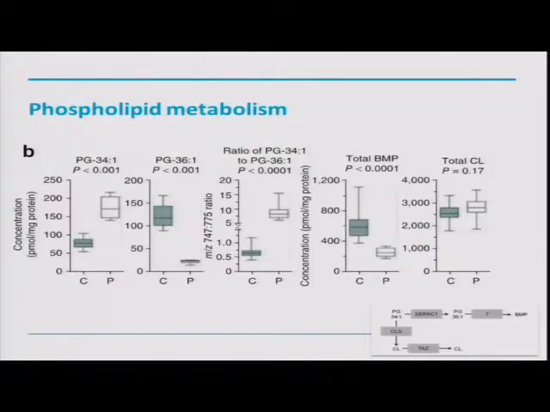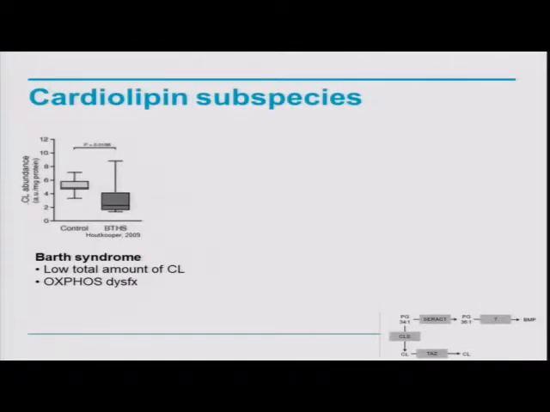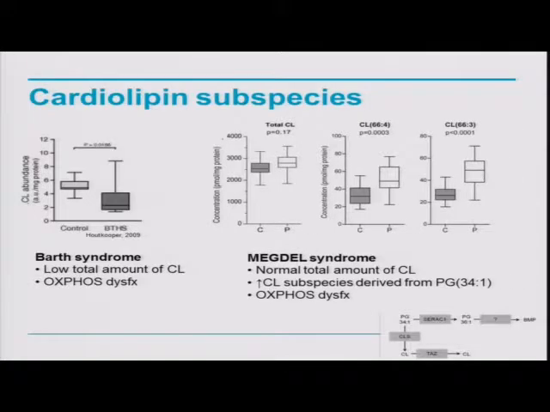So we were interested in the link towards cardiolipin. So we measured the total cardiolipin amount in the patient cells, which was normal compared between patients and control cells. And in the next step, we were interested in looking at the cardiolipin subspecies.